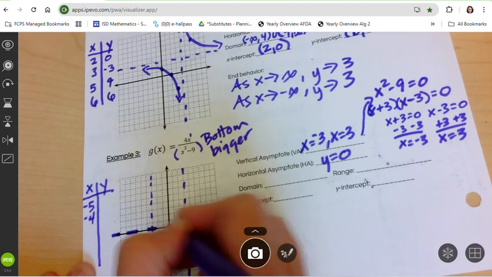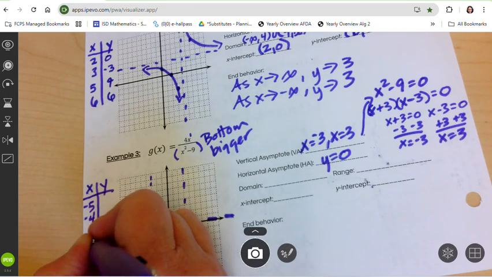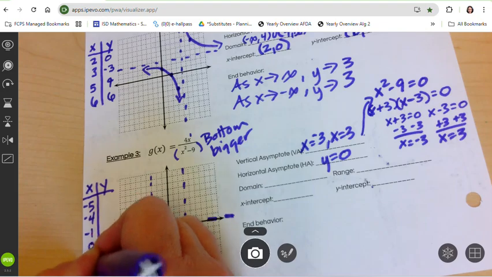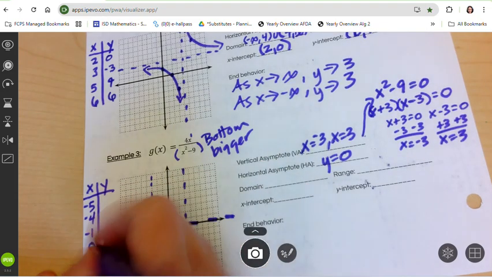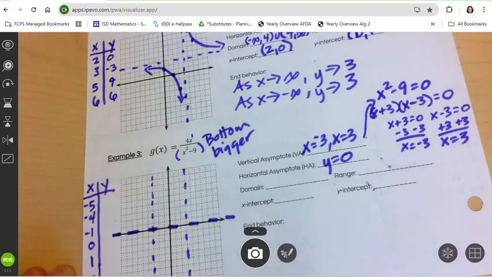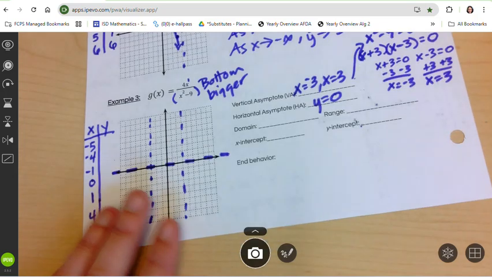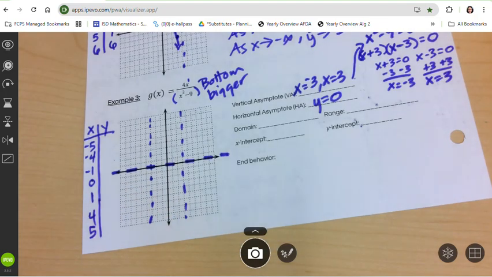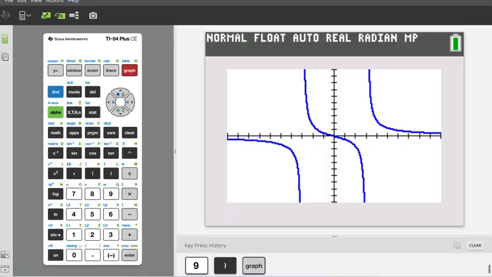In the middle here, I'm actually going to do 3, -1, 0, and 1. And then after the 3, we'll do 4 and 5. So that's a lot of values for you to grab from the table. So put that in your calculator, look at the graph, and then I want you to put these values in your table. All right, when you graphed it on your calculator, does it look like that?